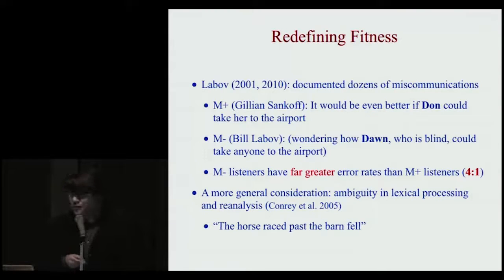And so this will be something similar to garden path in syntax, but this will be garden path in phonological processing. And there's a variety of psycholinguistic evidence supporting this view.